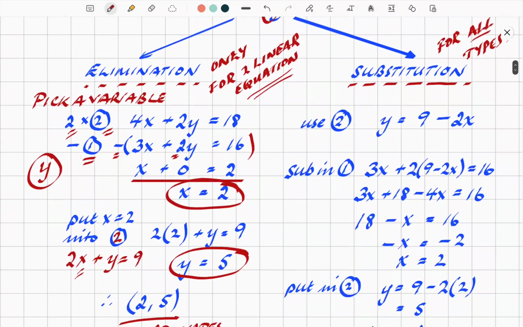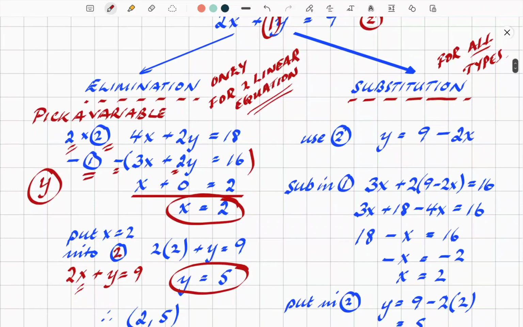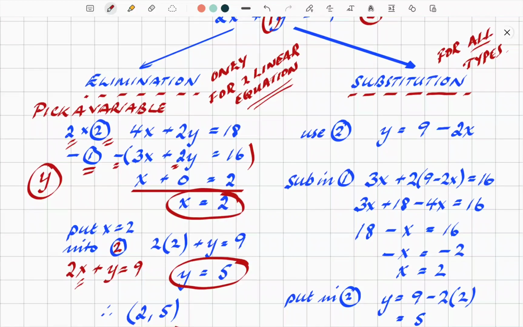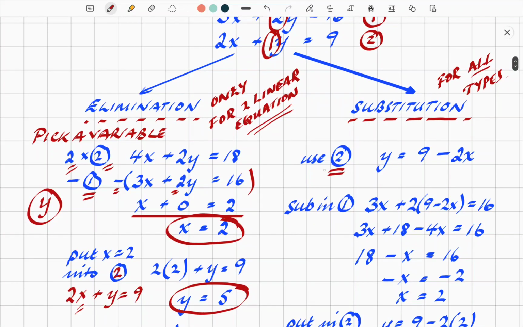The alternative method, that was the elimination method. The alternative method is substitution, which will become more important later on. So in this case, we're starting with equation 2, rearranging it to make y the subject, because I've decided I want to get rid of y, if you remember. So y equals 9 minus 2x.